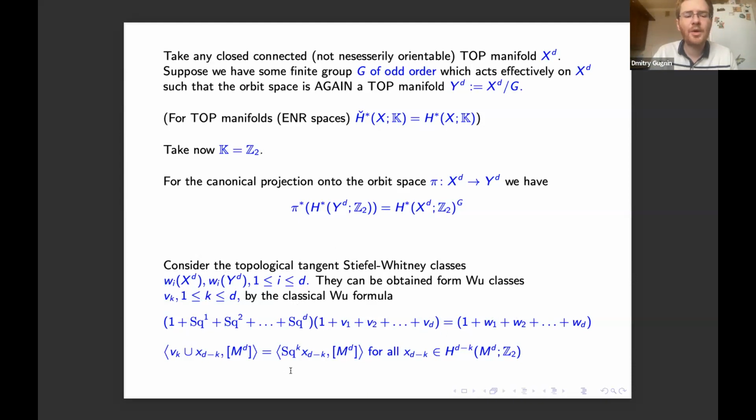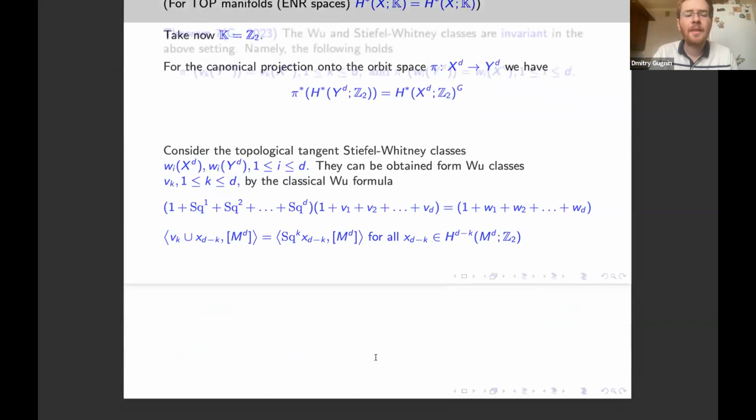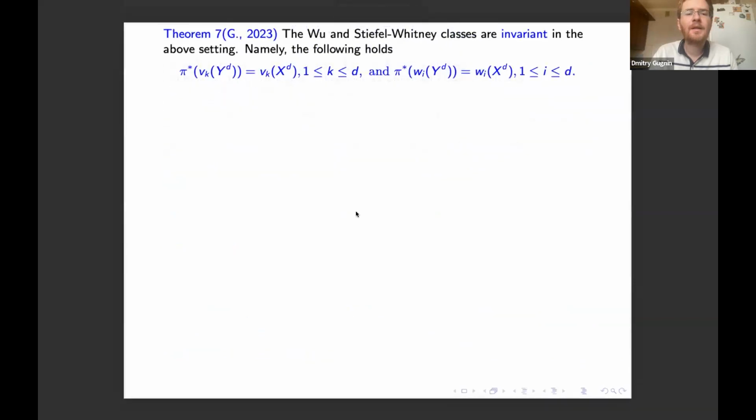Here is the definition of the Wu classes of a topological manifold M. And there is this theorem that in this setting the Wu and Stiefel-Whitney classes are invariant, namely the following holds.